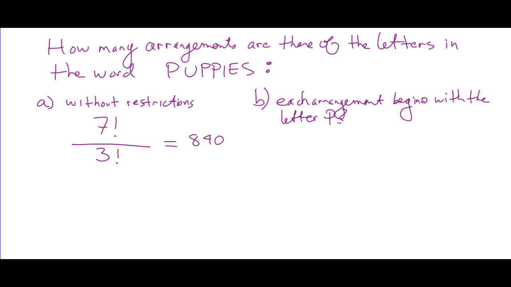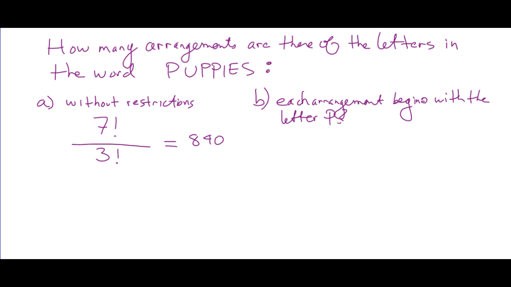It has to begin with a P. So just think about those letters. Pretend they're on Scrabble tiles. You got your little shelf in front of you. It's got P, U, P, P, I, E, S. What's the first thing you're going to do then? Take one of the tiles with a P, and put it down.